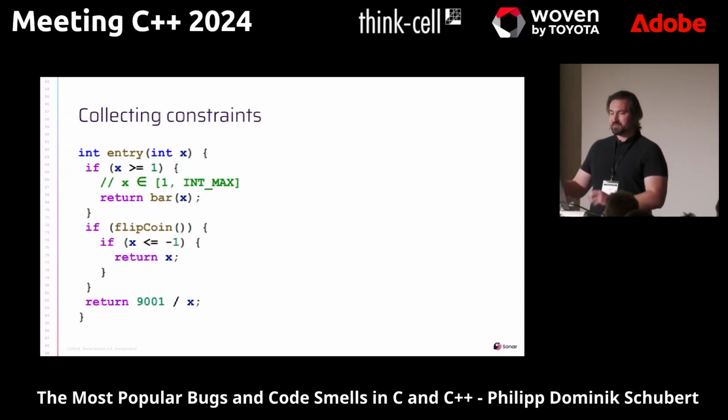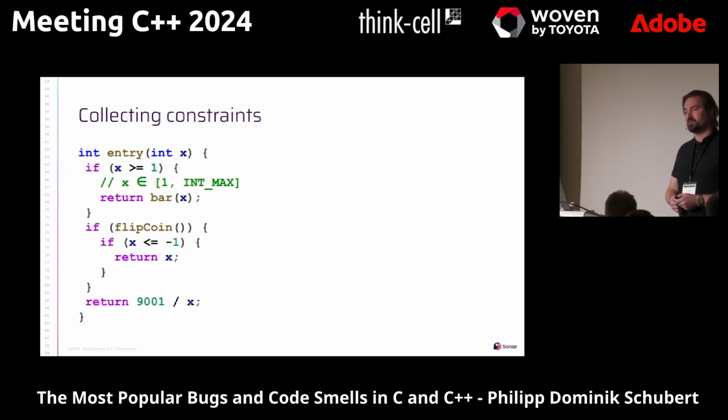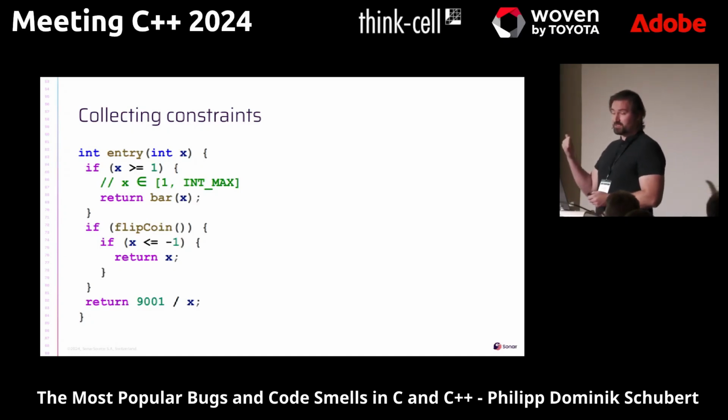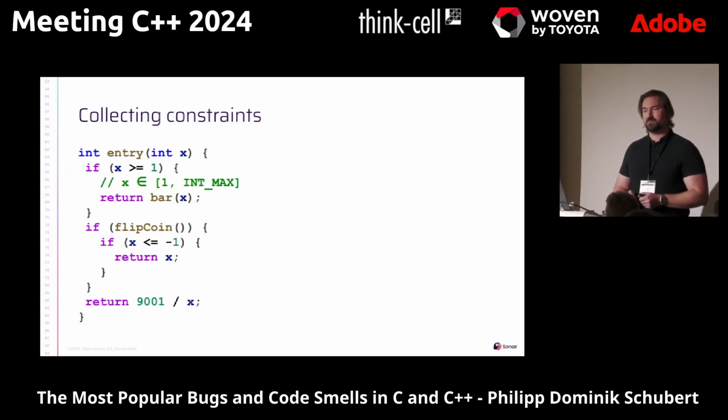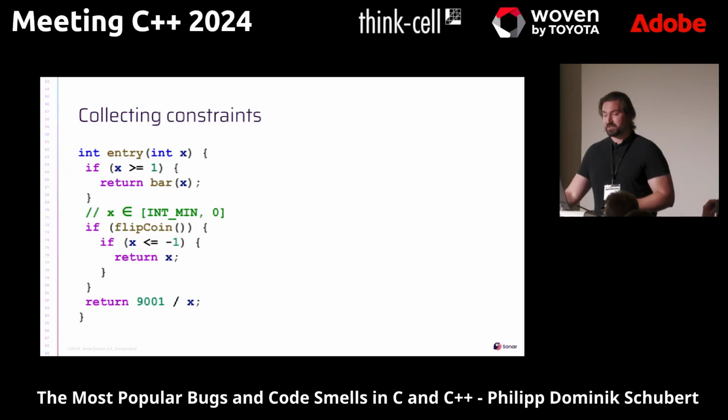And then let's just analyze the program path that goes into that if, that assumes that this if is true. Then you know, okay, if I can reach that point, I know for a fact that x must be somewhere between 1 and int max. If I don't take that branch, I know at that point in the program, my integer x is somewhere between int min and 0, somewhere in that interval.